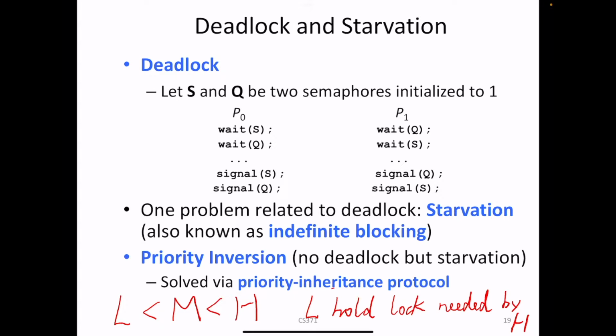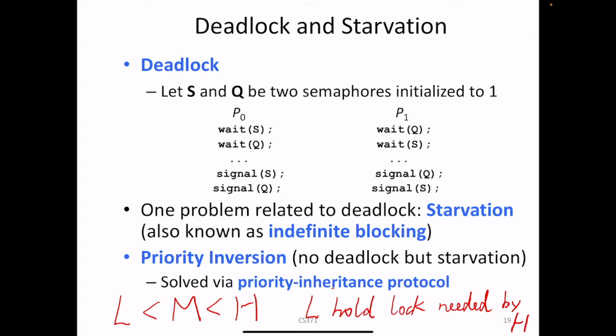Here is an example. There are two semaphores, S and Q, and both of them are initialized to 1. Process P0 calls the synchronization operations in this order: wait S, wait Q, then enters the critical section, and then signal S and signal Q. On the other hand, process P1 calls the operations in reverse order.